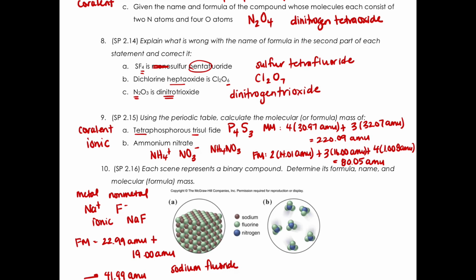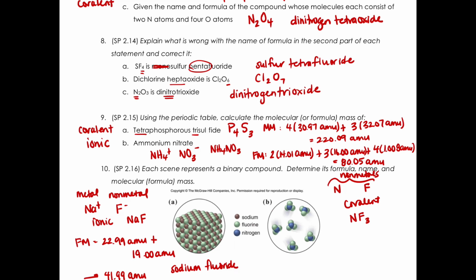And we can see also that these atoms are nitrogen and fluorine. So in grabbing 2 nonmetals, we also know that we have a covalent compound. We can see from counting the atoms in our molecular scene that the molecular formula is going to be NF3.